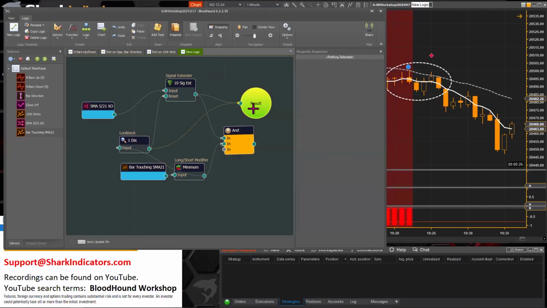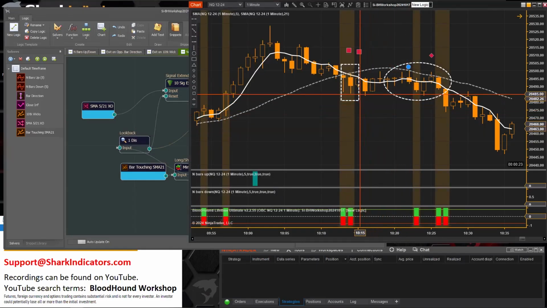Actually, let me do this. There we go. This will help us visualize. So these are the reset signals, and these are the crossover signals. We can see we have a crossover that does not have a reset on it.